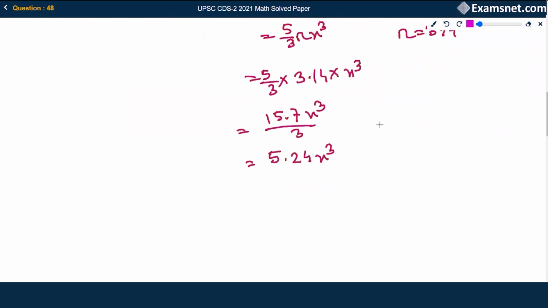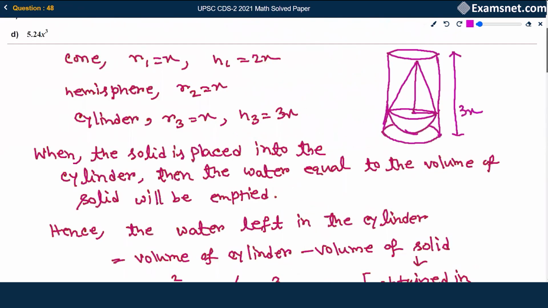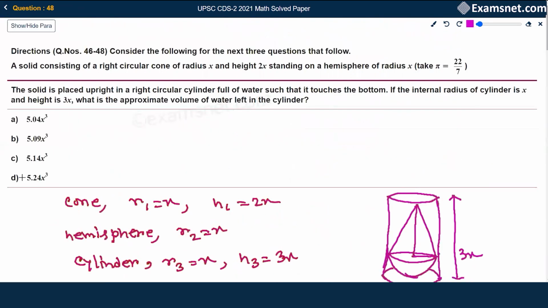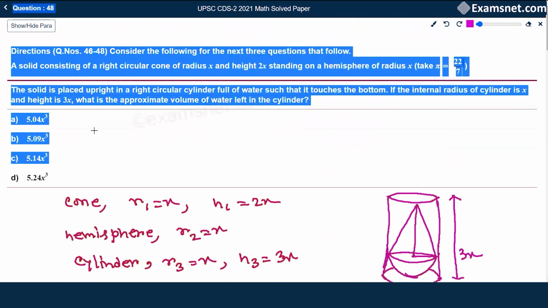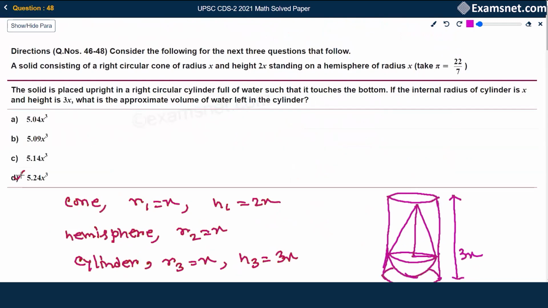Hence the approximate volume of the water left inside the cylinder is 5.24 x cube. Option D is the correct answer. This much amount of water.